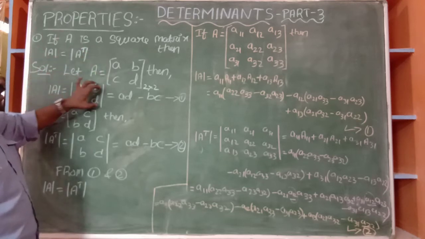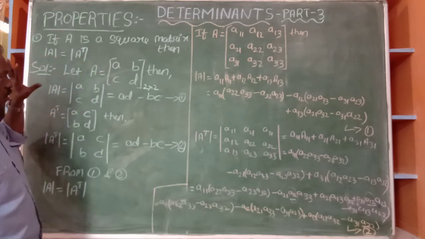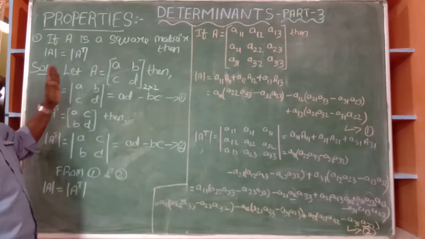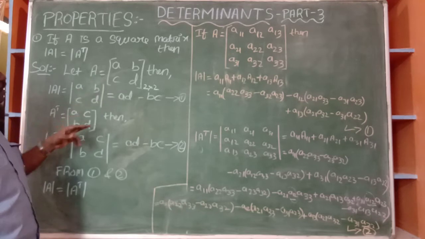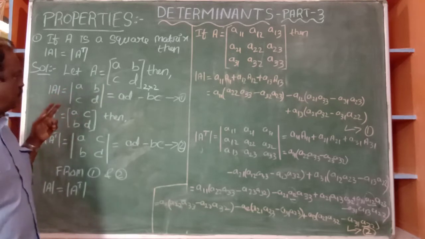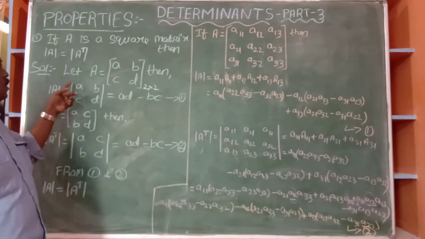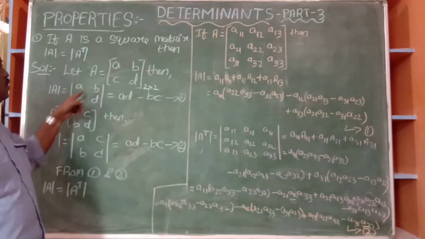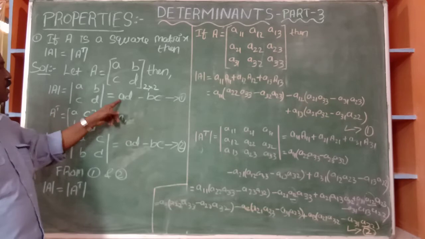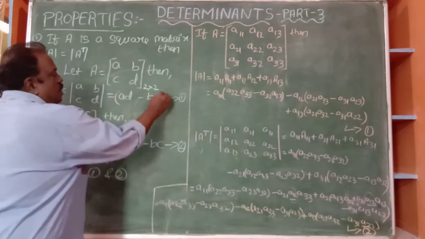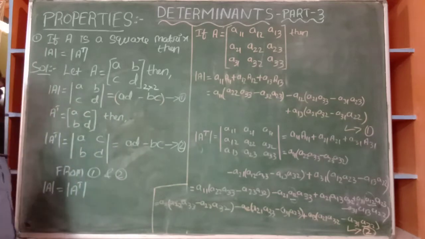If vertical bars are there, it is the determinant of the matrix. Then by the definition of the determinant of a 2 by 2 matrix, the difference of the product of elements in the first and second diagonals, ad minus bc. So it is equation 1.